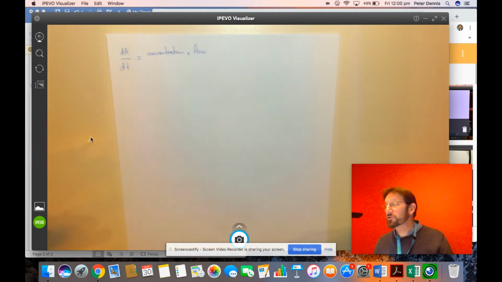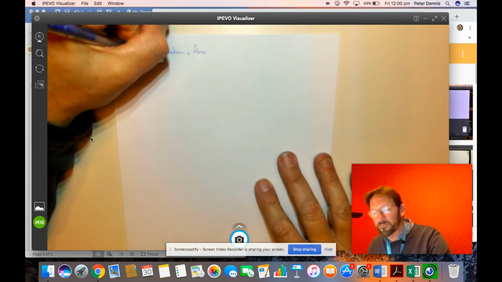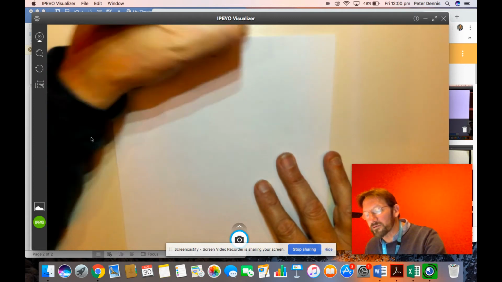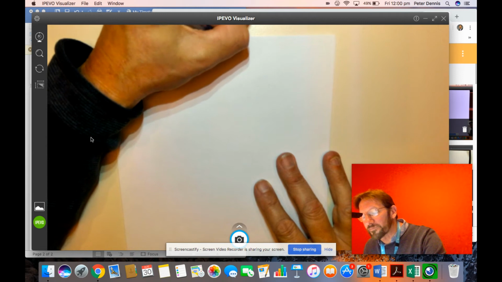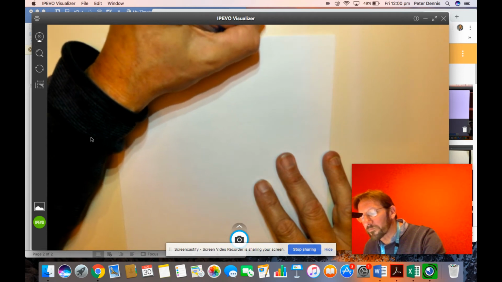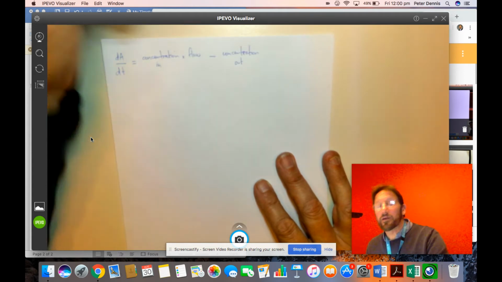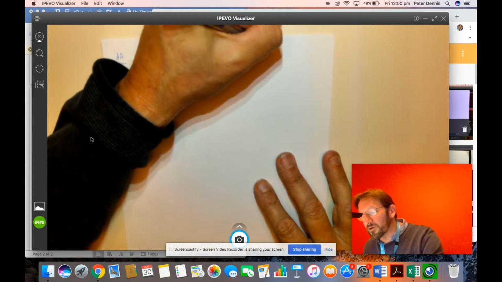Okay, the concentration of liquid going in times the amount of water going in, and we're going to minus the concentration out again times the flow.